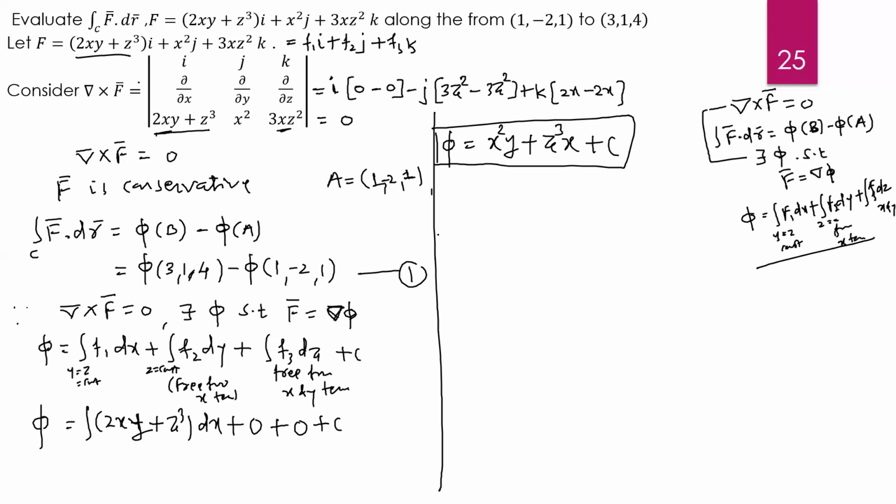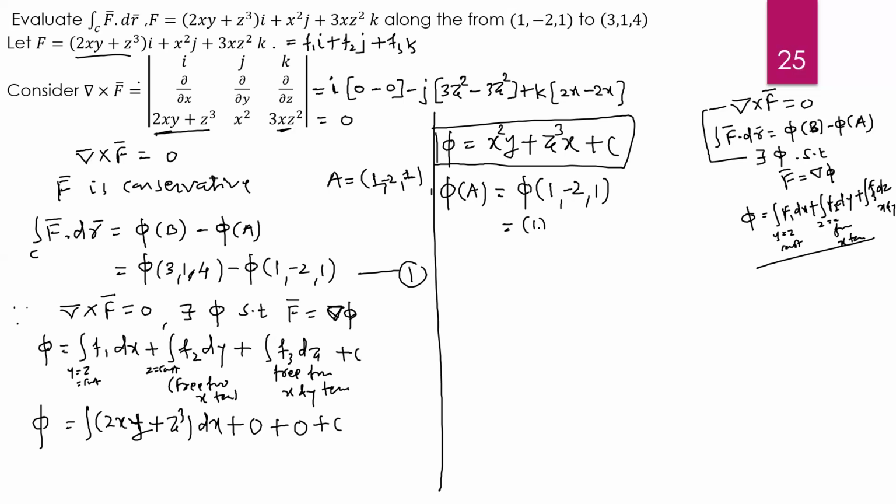Okay. Now first I am finding phi of A, the lower limit. A means (1, -2, 1). So here it means substitute x equal to 1, y equal to -2 and z equal to 1.